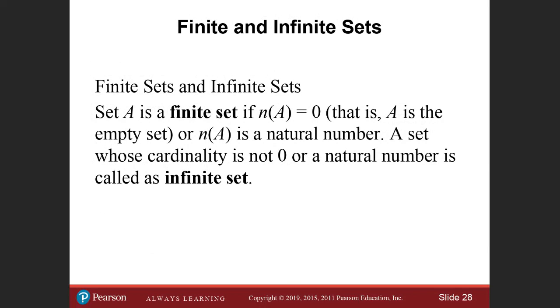Okay, so let's go for finite and infinite sets. I'll give you a chance to read the definition for the finite set and the infinite set.